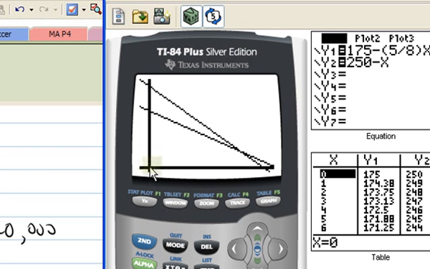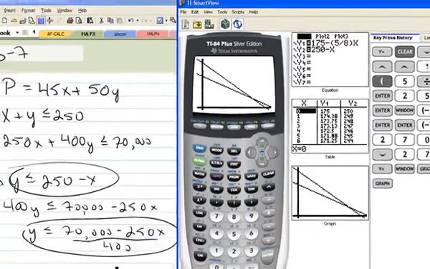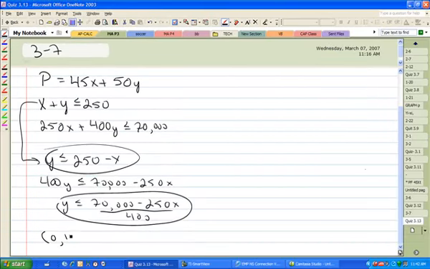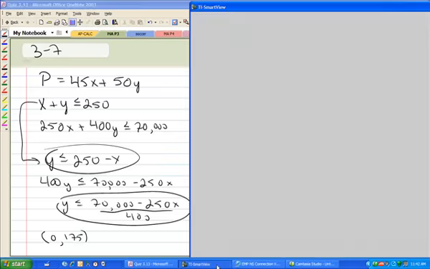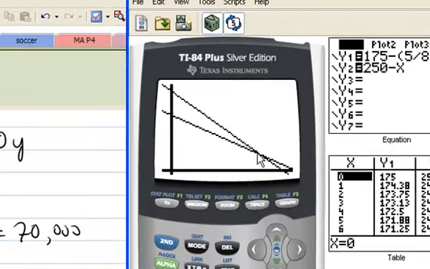So the feasible region is bounded by that point, that point, that point, and that point. 0, 0 is not going to maximize the profit. This one is 175. So I have a point of 0, 175, and I have a point of whatever this is.